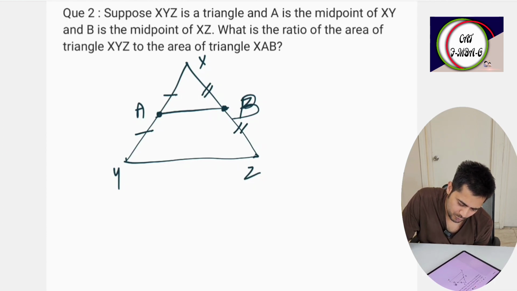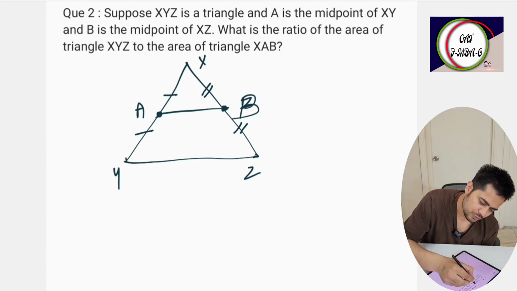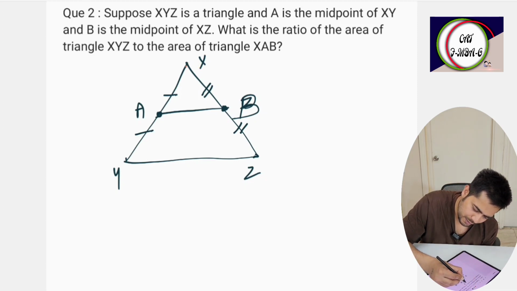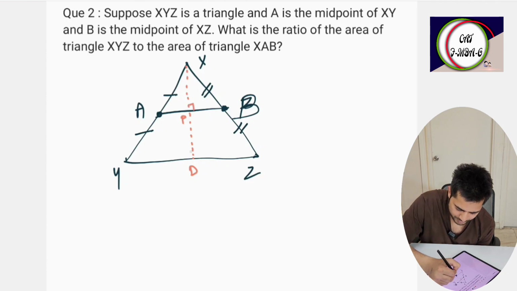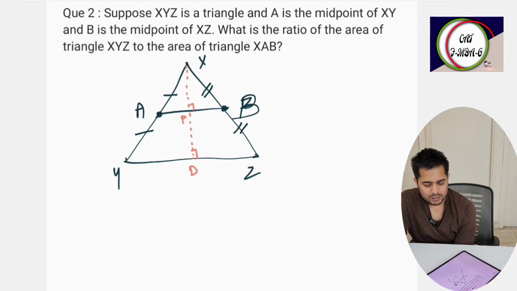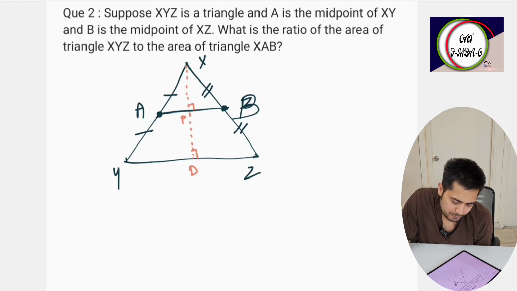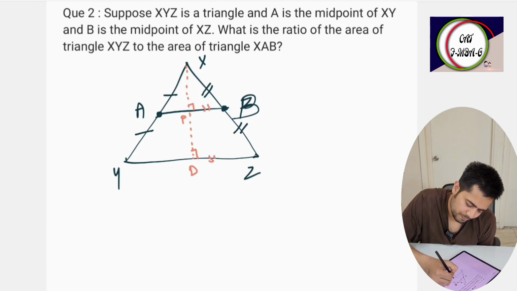Let me think, what concept can I use in this? So draw an altitude like this, XD or P. This is 90 degrees, this is 90 degrees. Now by the proportionality theorem, this line is parallel to this line, and this is dividing in two equal parts.